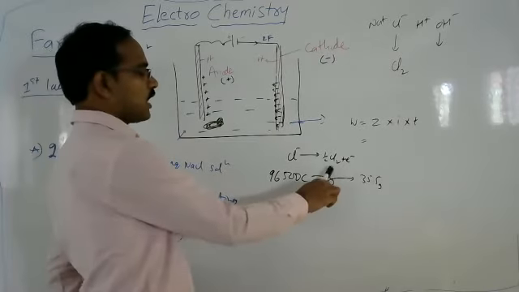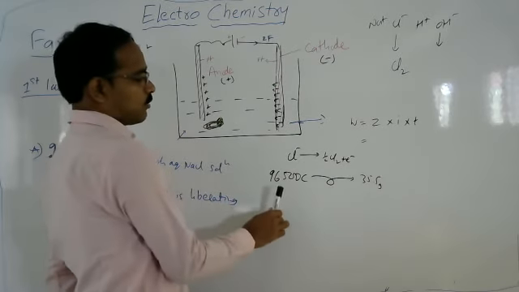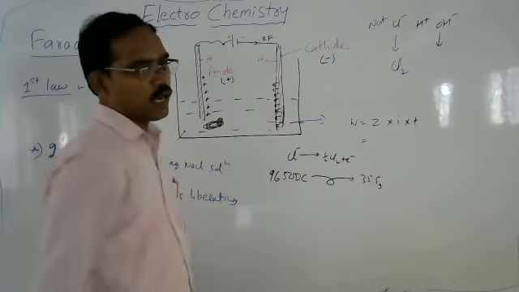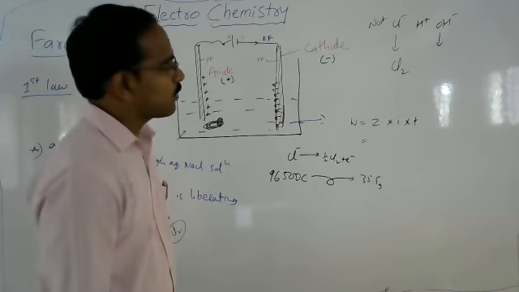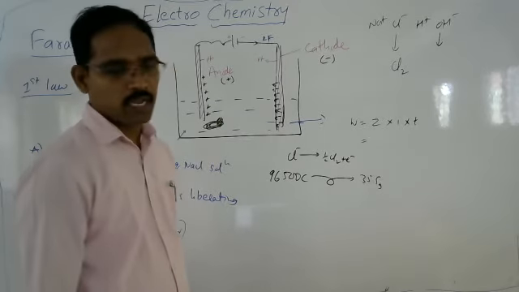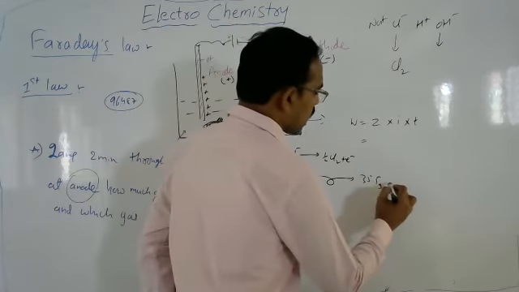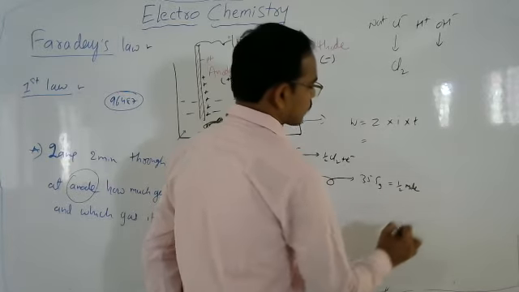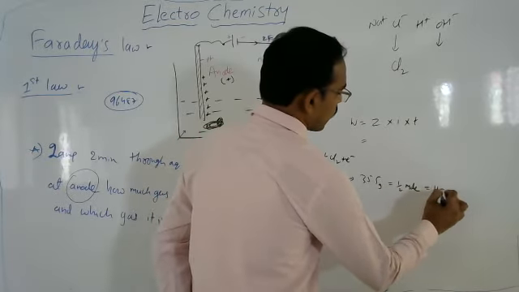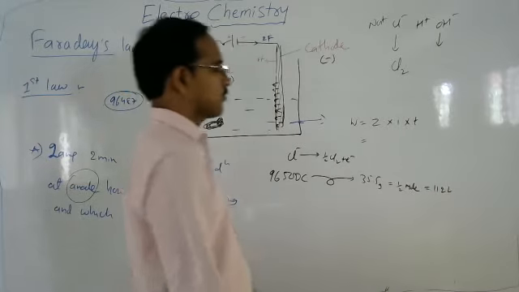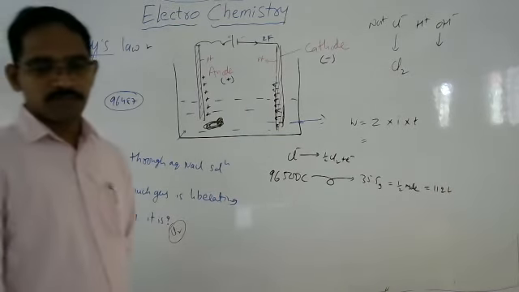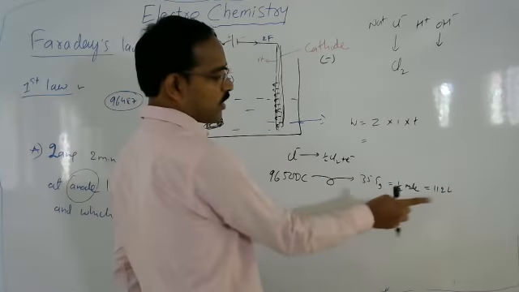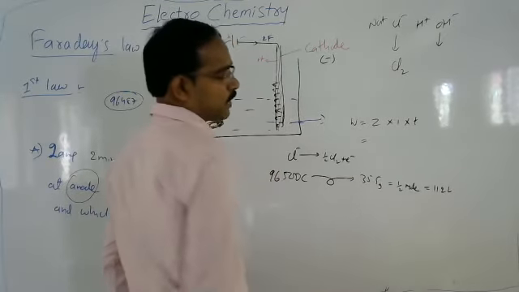When 1 mole of electrons is exchanging, that means 96,500 coulombs, 35.5 gram chlorine is liberating, or I can say half mole also, equal to 11.2 liter at STP. All three are correct.